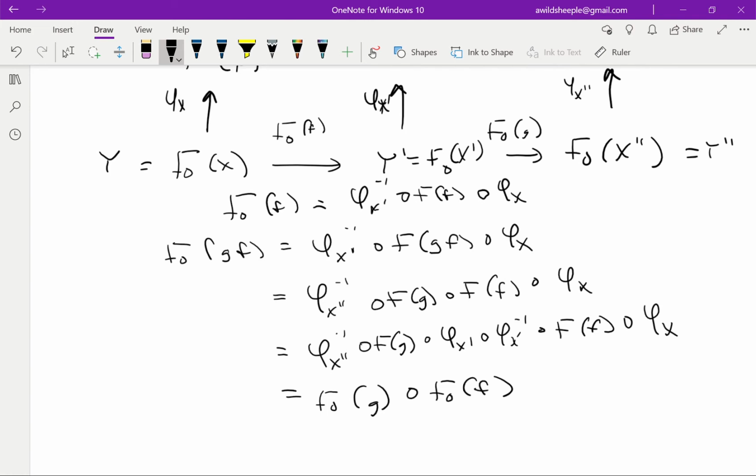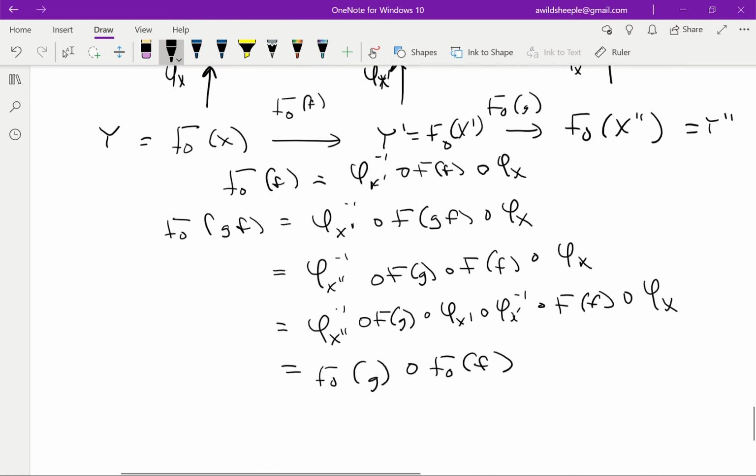isomorphism. But this is clear, because the way we constructed this is by using the chosen isomorphisms, the phi x's. And so if we had any different choice of isomorphisms, maybe we call those theta primes, then all we would have to do is choose the isomorphism that relates the theta and the theta primes, which undoes one of them and redoes the first.